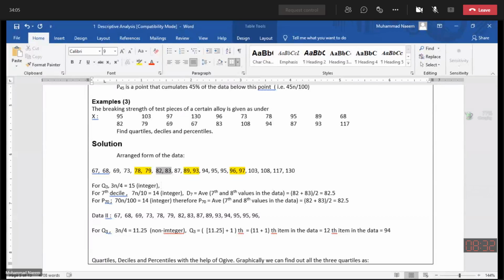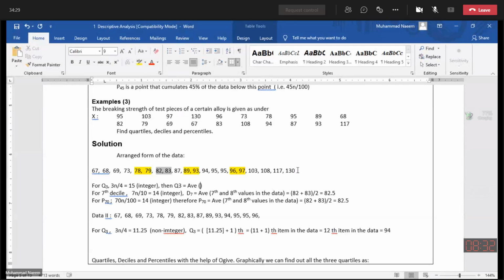If it is an integer, then take the average of the 15th and the next one, the 16th item in the data. This will be your required measure. What is Q3?